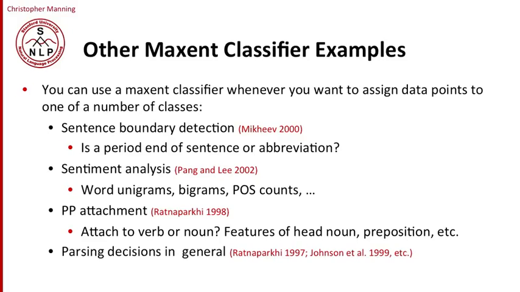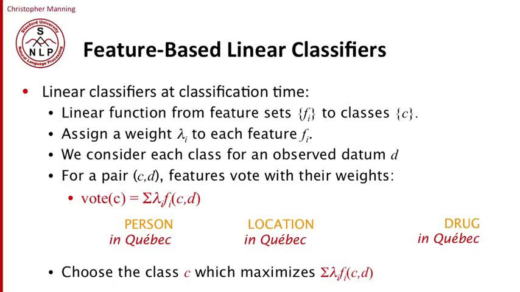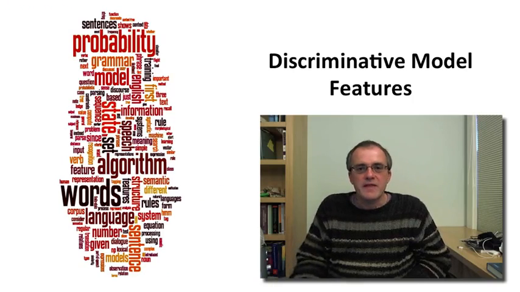Or more in general, one way in general to make parsing decisions for the structure of the sentence is to build classifiers for the particular decisions that are involved in making the parse. Okay, I hope that's given you a good sense of what the features are that are used in modern discriminative NLP systems, and some idea of the kind of applications to which they've been applied.